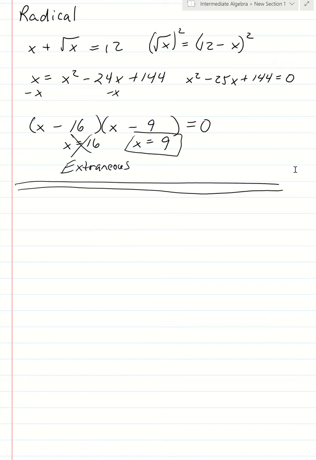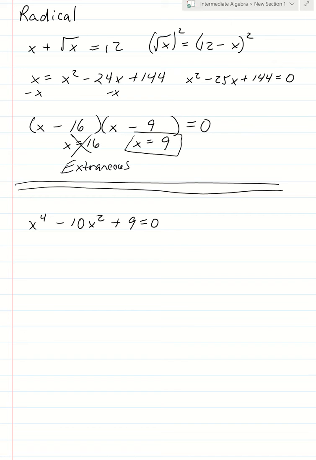For example, let's say we have x to the 4th power minus 10x squared plus 9 equals 0.